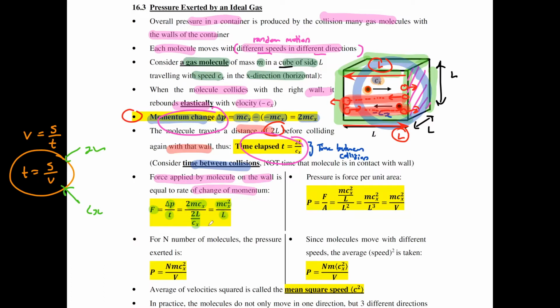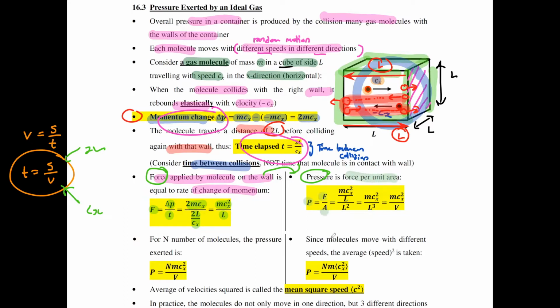All right, so this one is one thing that you will have. And then from there, you want to find pressure. This one here is force. You want to change it to pressure. So recall that pressure is force per unit area.